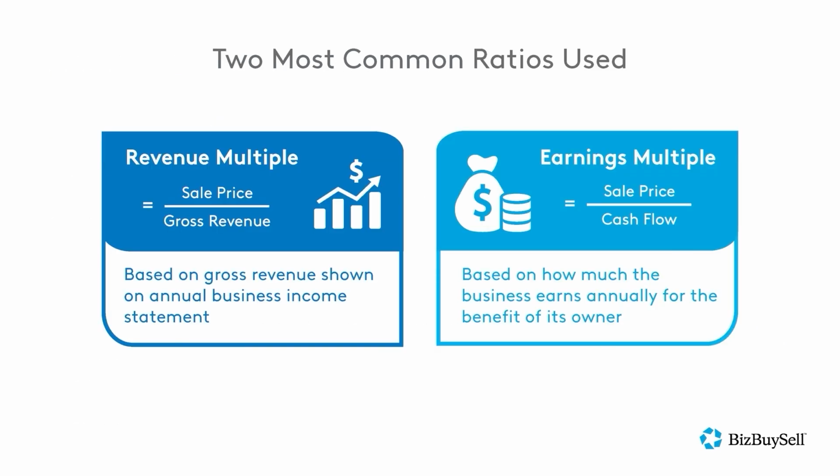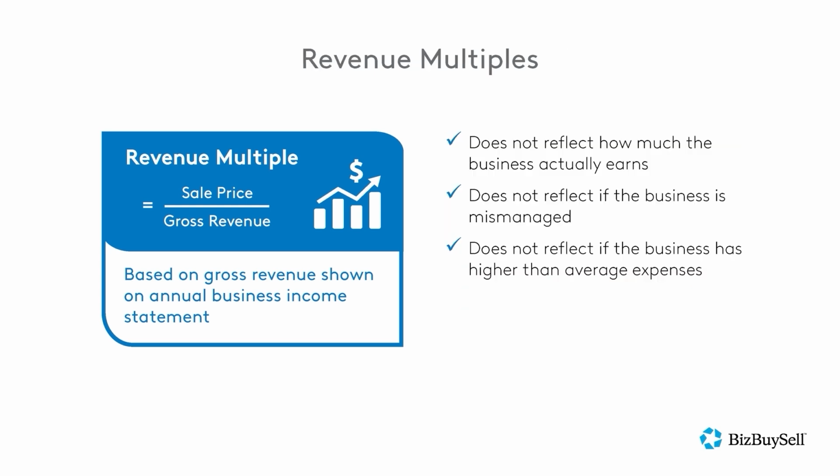Two of the most common ratios used are revenue multiples, often referred to as sales multiples, and earnings multiples. Revenue multiples are based on the gross revenue shown on the annual business income statement. They involve a fixed figure, and therefore some experts feel applying a multiple to annual gross revenue is the most reliable approach.